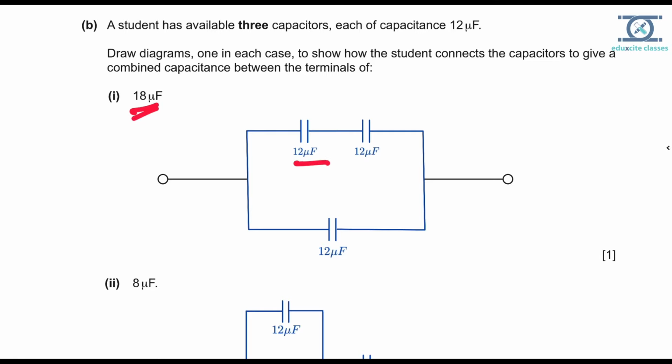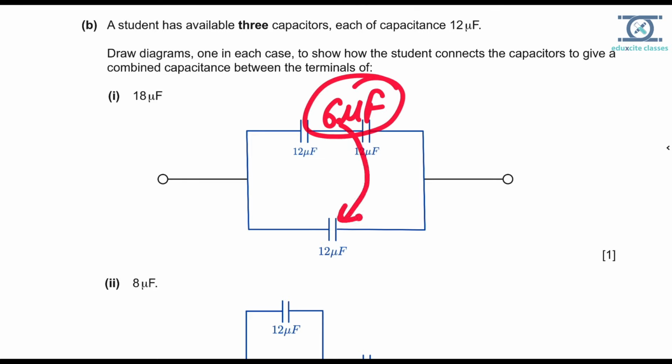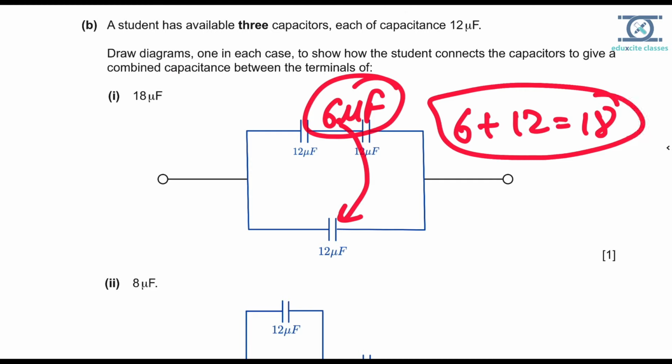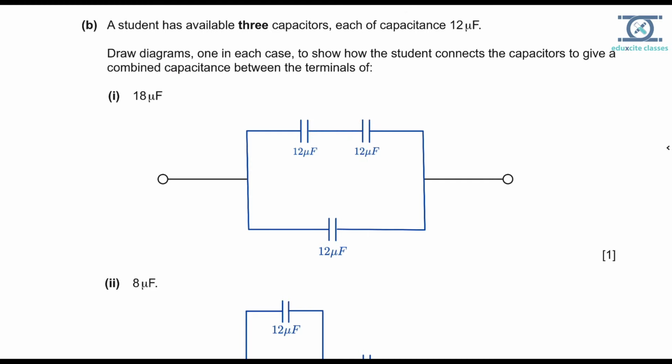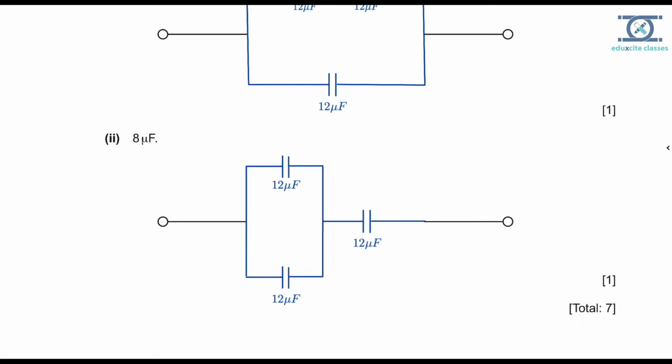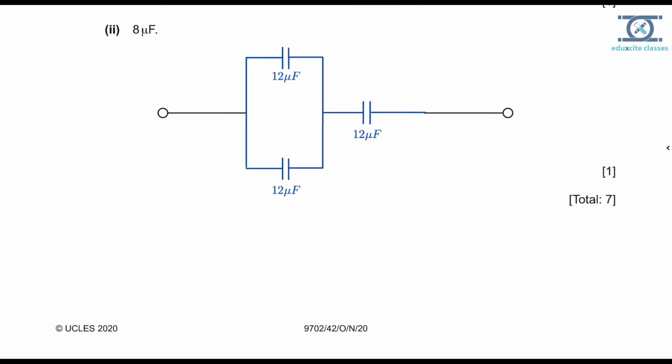You can see 12 and 12 are in series, so they will give a combined capacitance of 6. Then 6 and 12 are in parallel, so they will add up and give you 18. They follow just the opposite of the resistors formula. I hope you know the formulas for finding the equivalent capacitance.